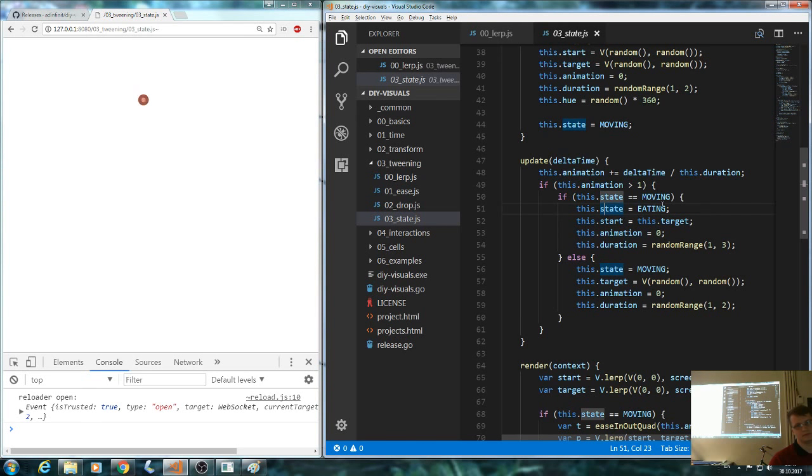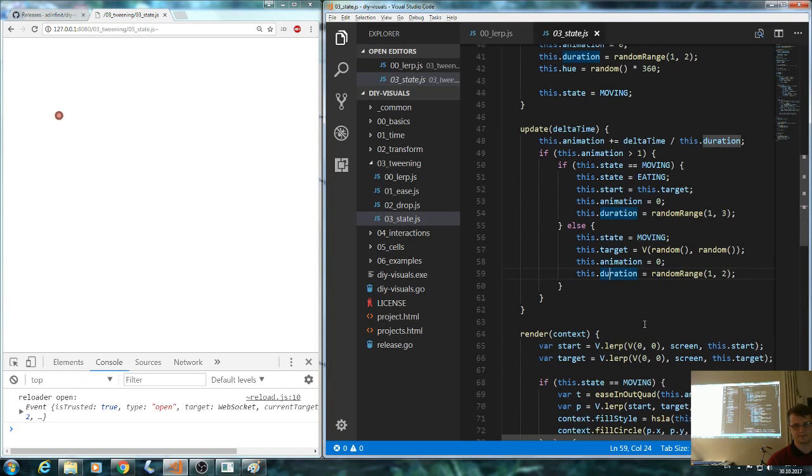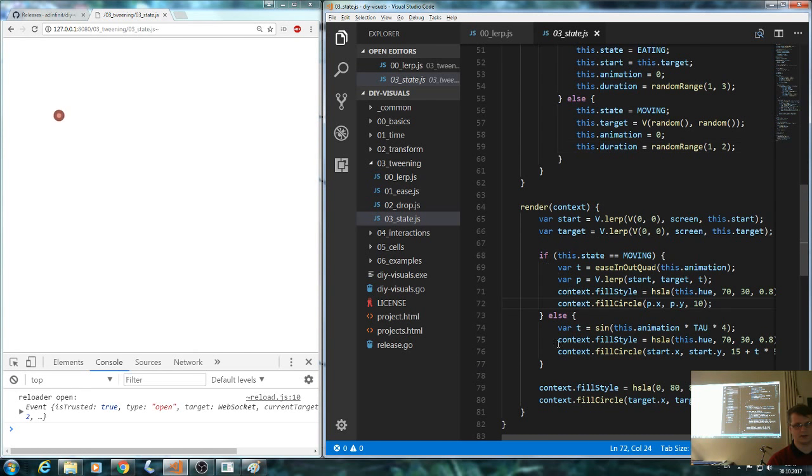And when it finishes moving from 0 to 1, then it starts the other activity here. And it toggles between those two activities. And we can figure out the position based on what we are doing.